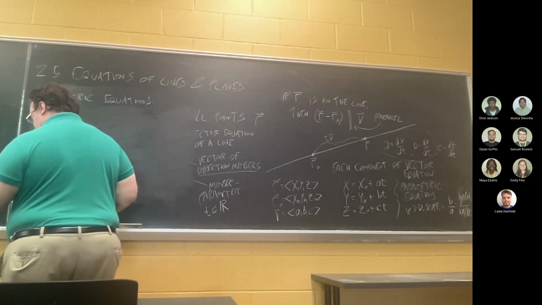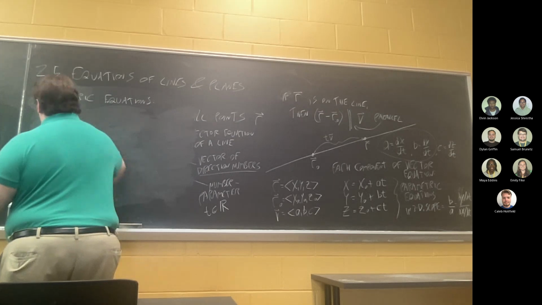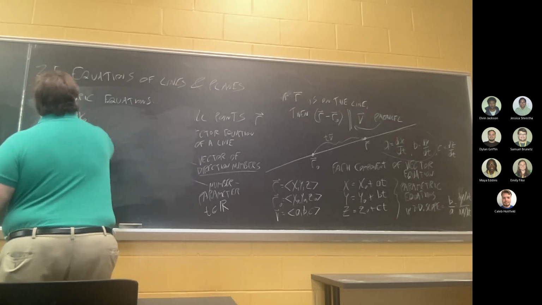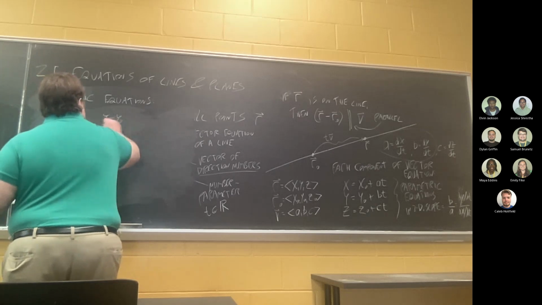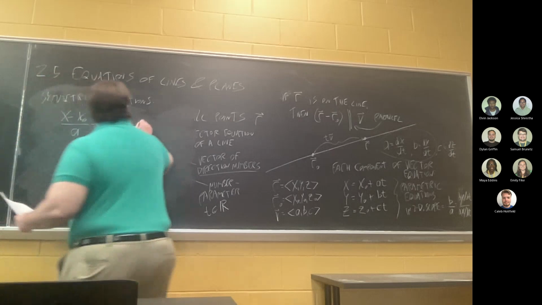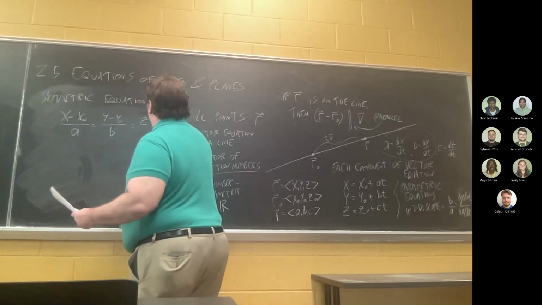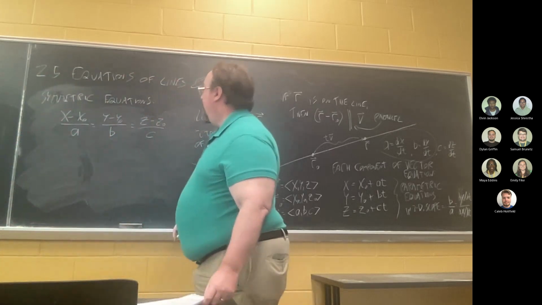Symmetric equations are (x minus x naught) over a equals (y minus y naught) over b equals (z minus z naught) over c.